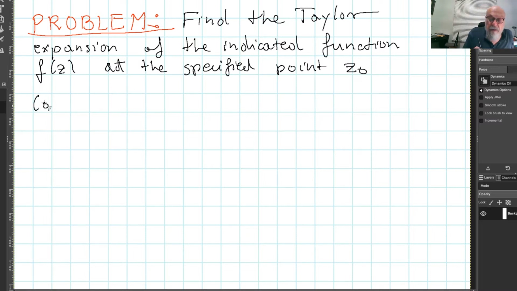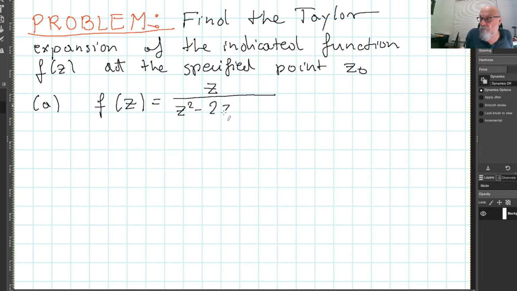Our example will be just the function f of z equals z divided by z squared minus 2z plus 5 at the point z0 equal to 1.